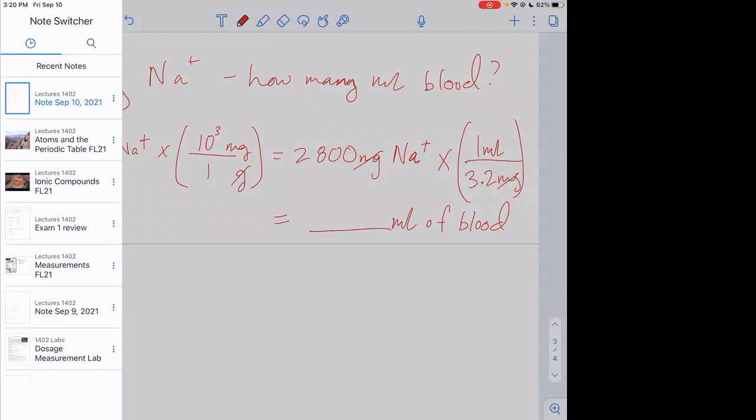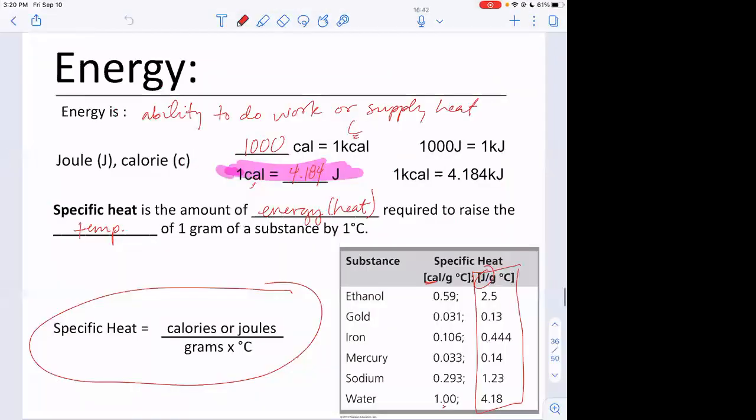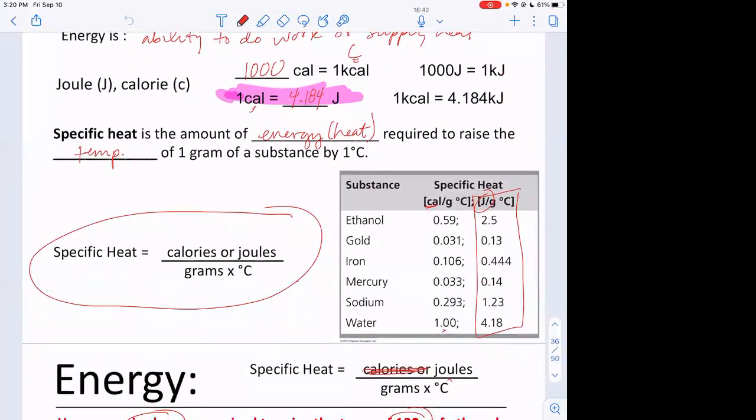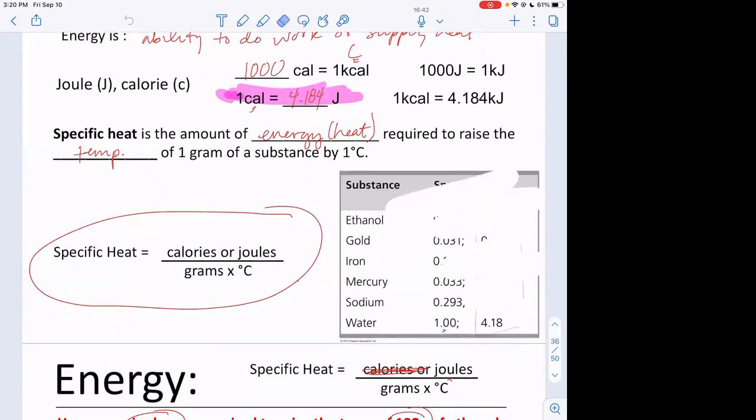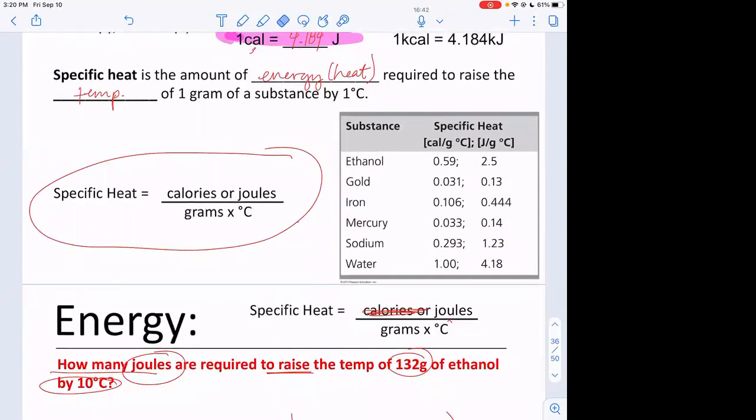I would give you this table on the exam, or put the specific heat in the problem. But let's just say our substance is sodium, okay?